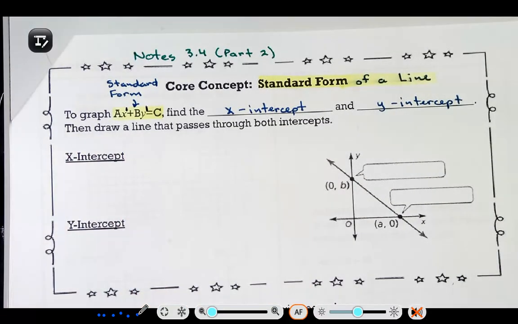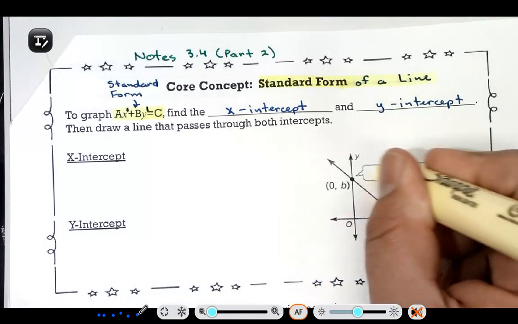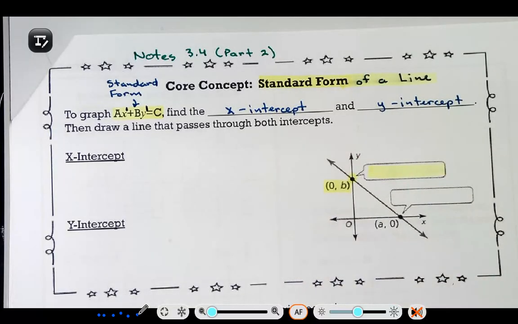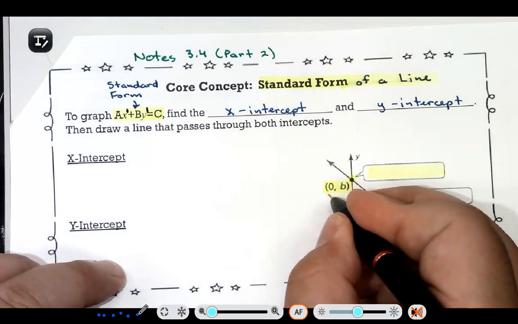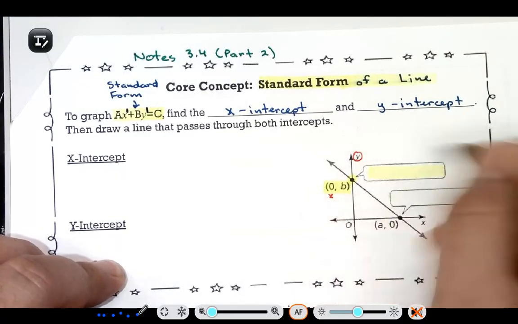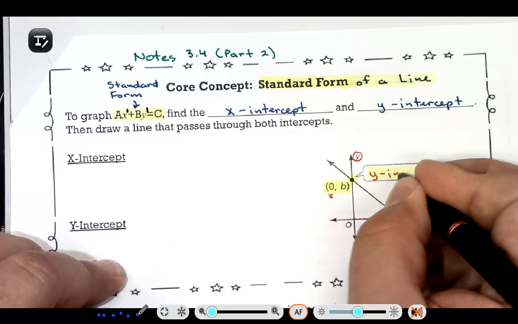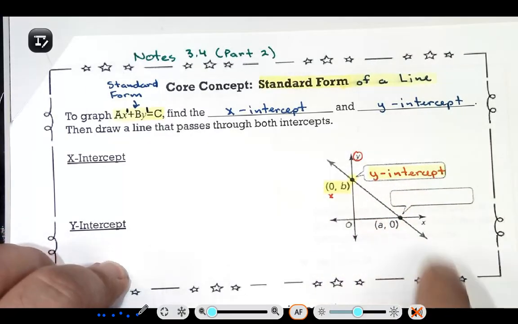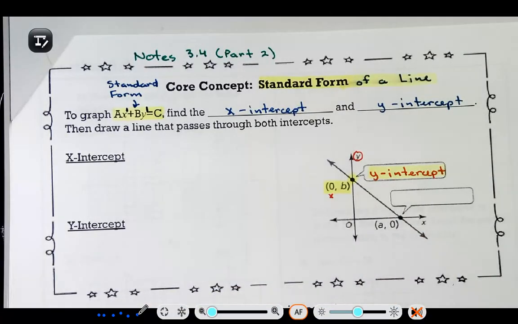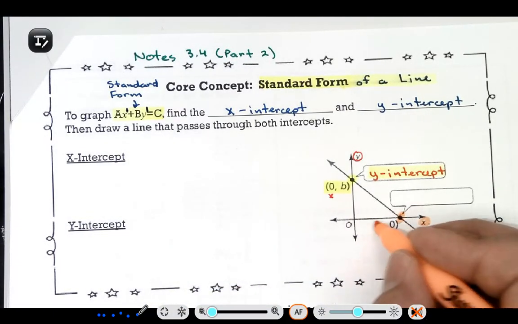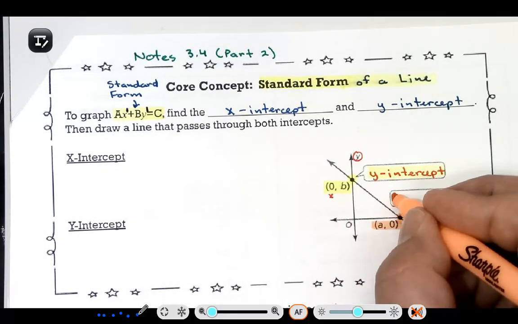So here's the thing. When I'm looking at this picture, this very special point, (0, b), notice your x is 0. It's touching the y-axis, and that's why we call it a y-intercept. And then when I'm looking at this point here, this one's touching the x-axis, but notice, it's the y value that's a 0.